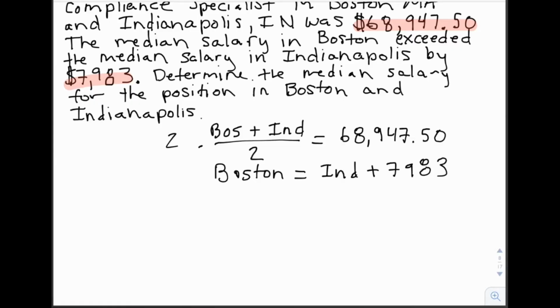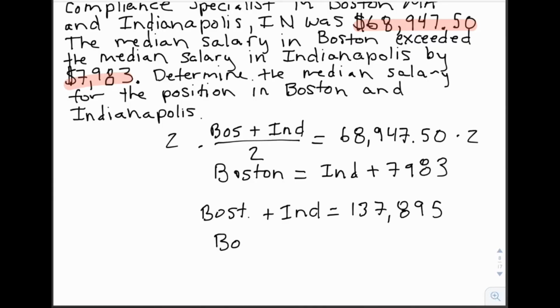Multiply your 2 out from the bottom, and that should give you Boston plus Indianapolis equal to 137,895, as well as the second equation, we still have it. That is going to be equal to Indianapolis plus that 7,983.